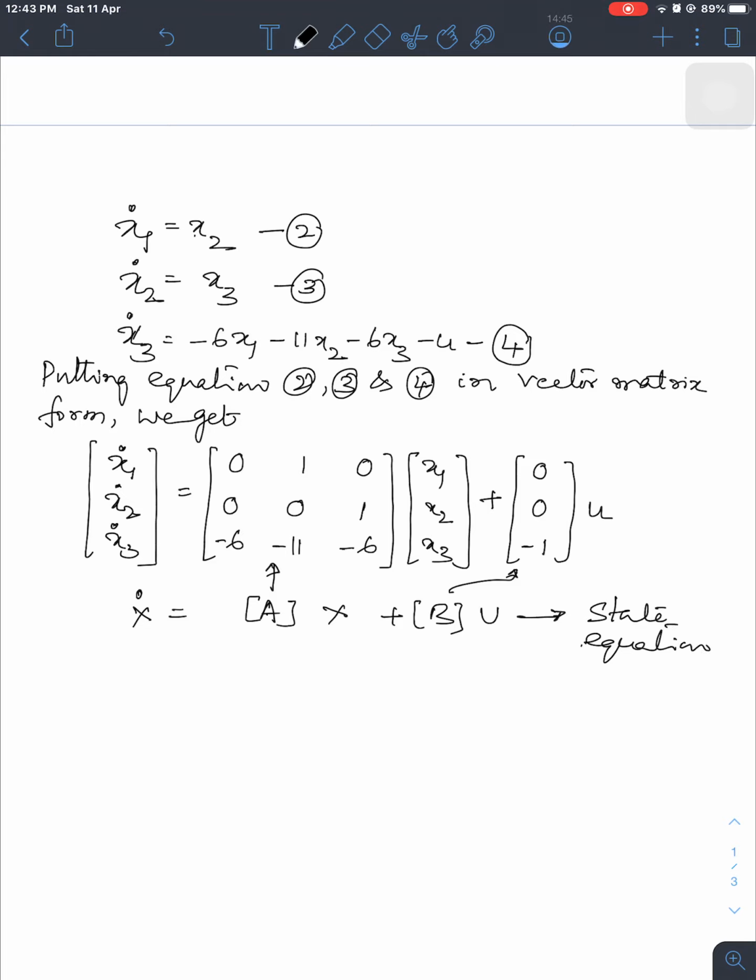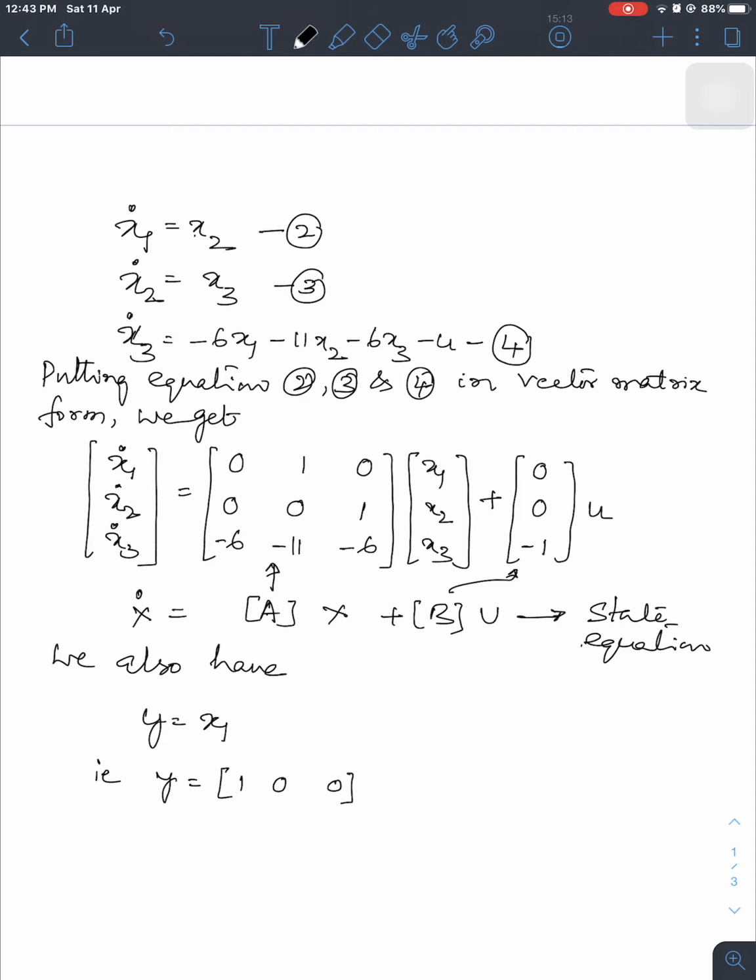Now, we also have the output y equal to x1. This is how we have described our first state variable. So this is the output equation, which is in the required form. That is, y equal to, there is x1, so coefficient is 1. There is no x2 term, 0.